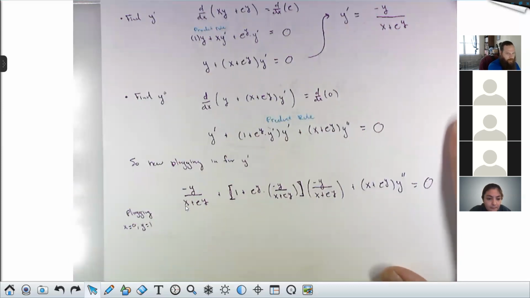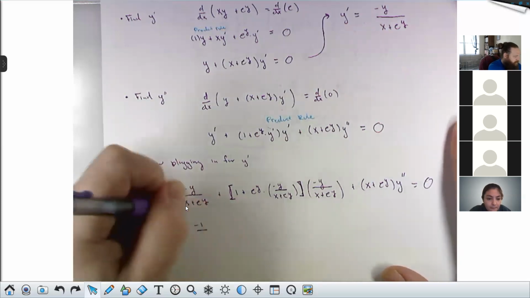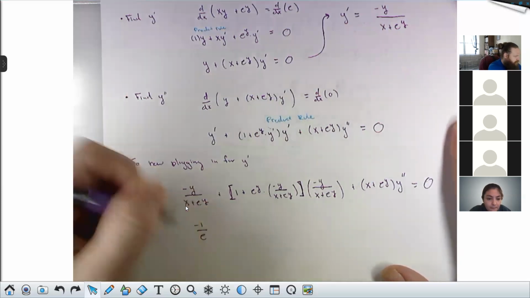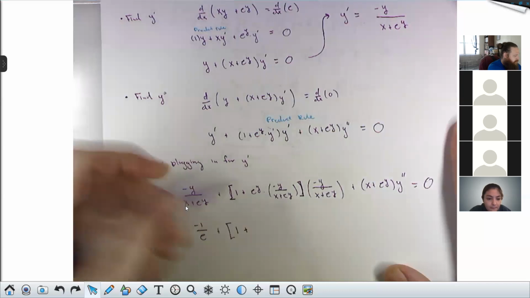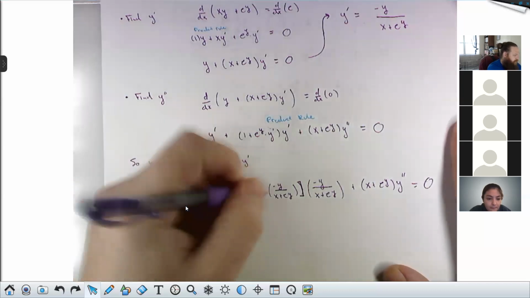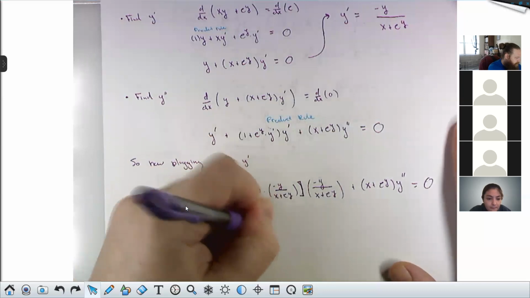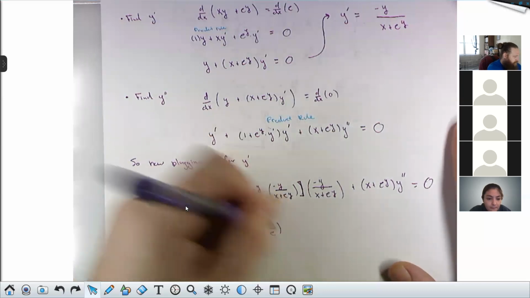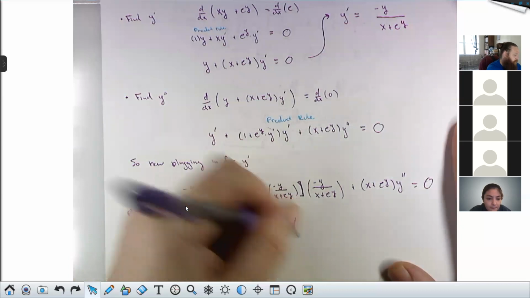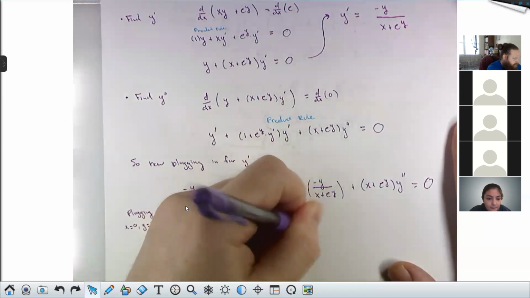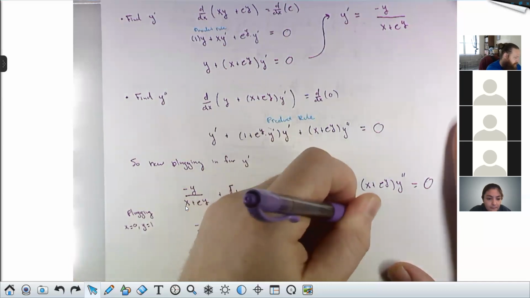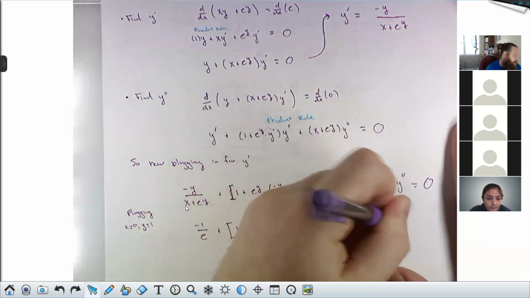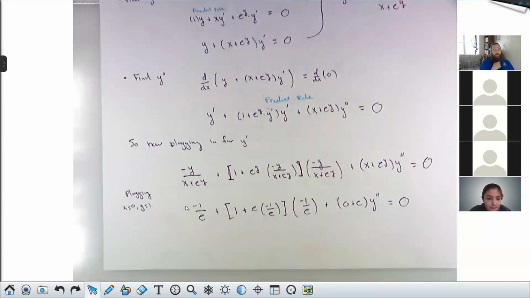So plugging x equals 0 and y equals 1, I get negative 1 over 0 plus e to the 1, which is negative 1 over e, plus 1 plus e to the 1 times negative 1 over e, times negative 1 over e again, plus 0 plus e times y double prime equals 0, which we can solve for y double prime. It's not too bad.